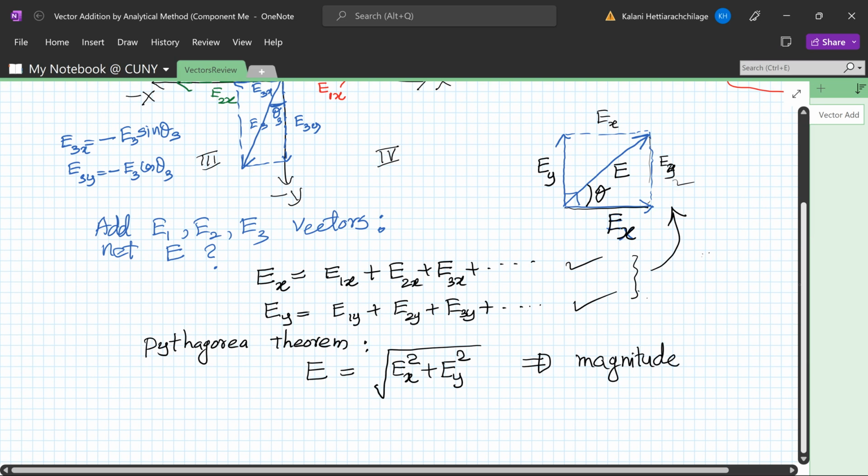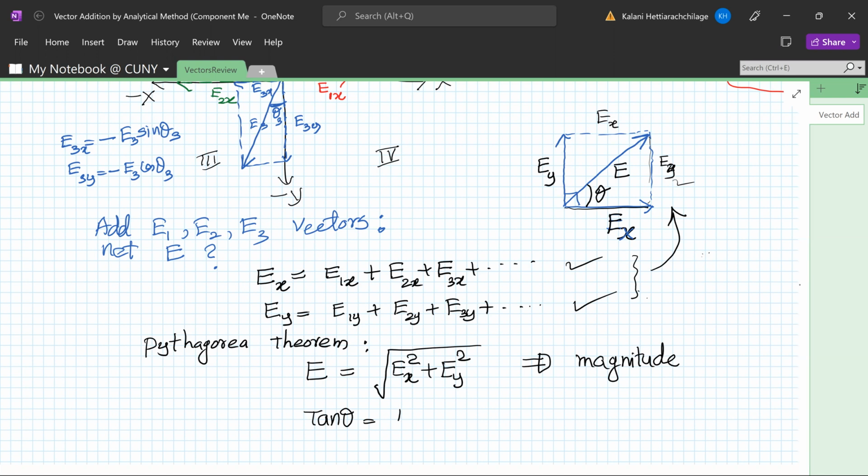It did not give you any direction, right? So now direction I label as theta. So now you see that you can write tangent of theta will be opposite over adjacent. That means EY over EX, right?